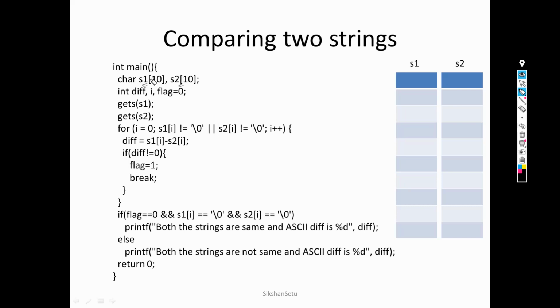Now we know that strcmp compares two strings, and by using this functionality we can say that both the strings are the same or both the strings are not the same. So today we will be implementing that logic.